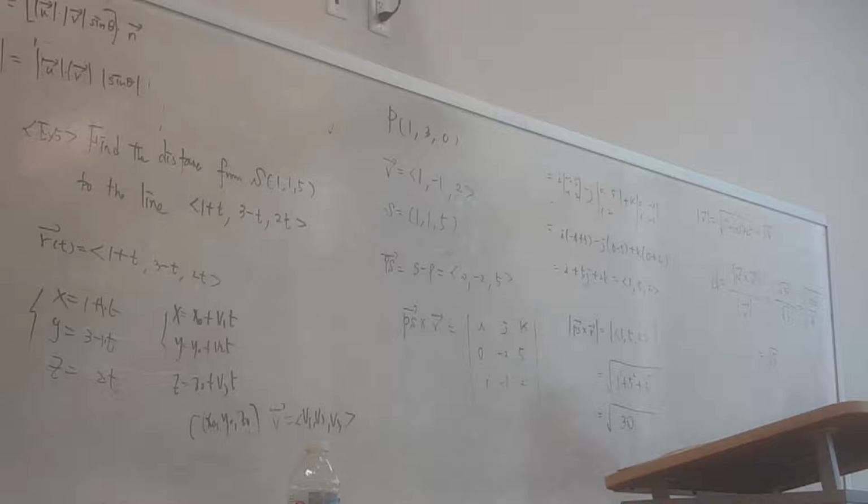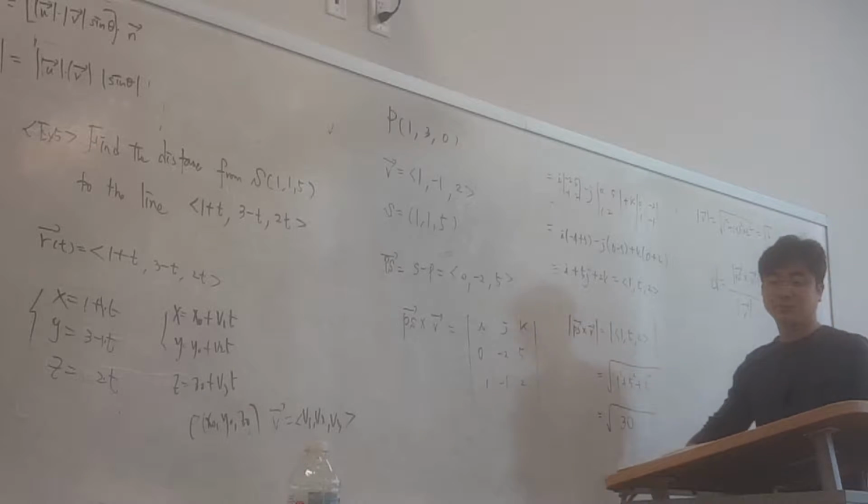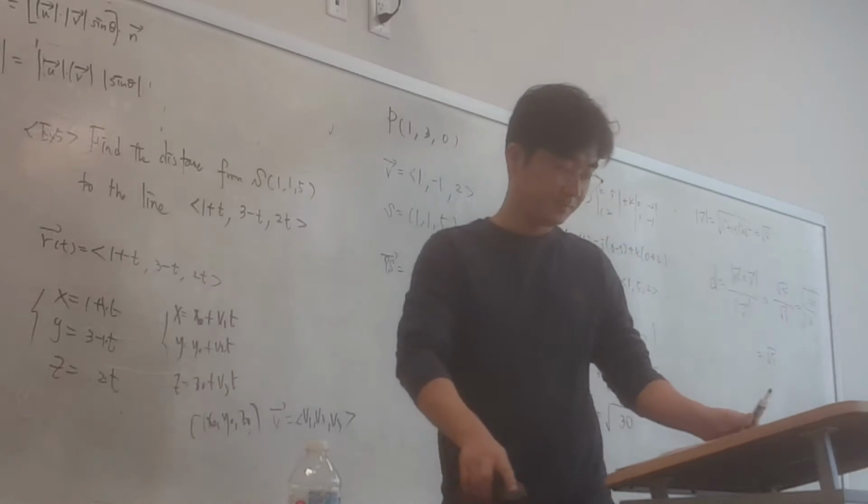Go smooth, but the important thing is the formula. Right? And this section is 12.5, right? It's still line, yes, plane, but we are playing with line and point now. So let's move to another example.